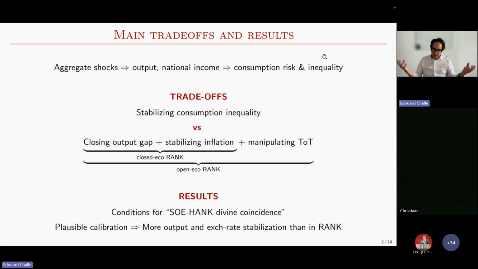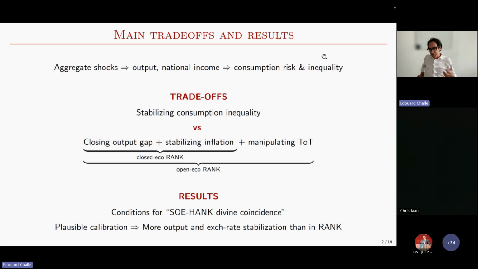What we have in mind is that aggregate shocks, be they, as I said, external shocks, so capital flow shocks, trade shocks, or domestic shocks, think of domestic productivity shocks, are going to affect output, just as in the closed economy, but they're also going to affect national income because those shocks affect not only output, but also the relative price of home-produced goods, the real exchange rate, and therefore how output is multiplied by this relative price of home-produced goods.